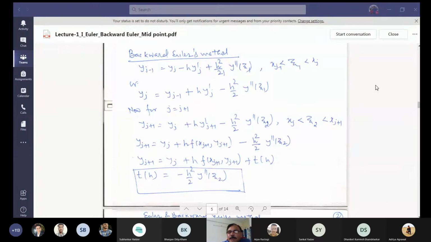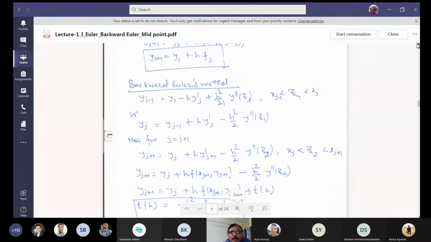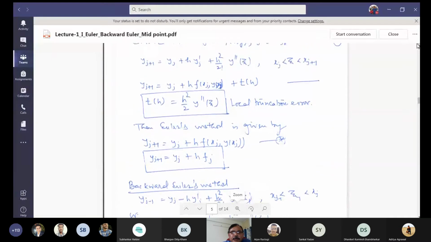So there are certain more things which I have to explain, certain notational things. You see how we have got the Euler method. We have ignored this error part, th, right? If this th is there, meaning yj plus 1 equals yj plus h times f(xj, y(xj)) plus th, then this y of xj is called the continuous solution.